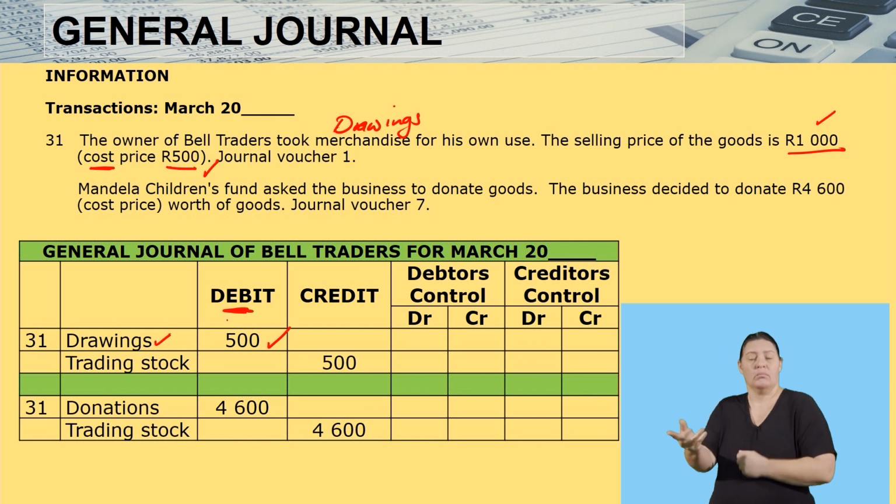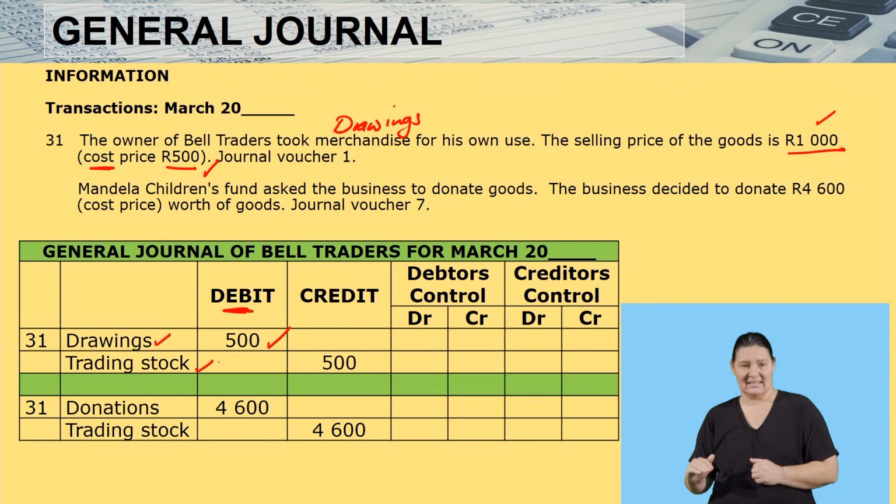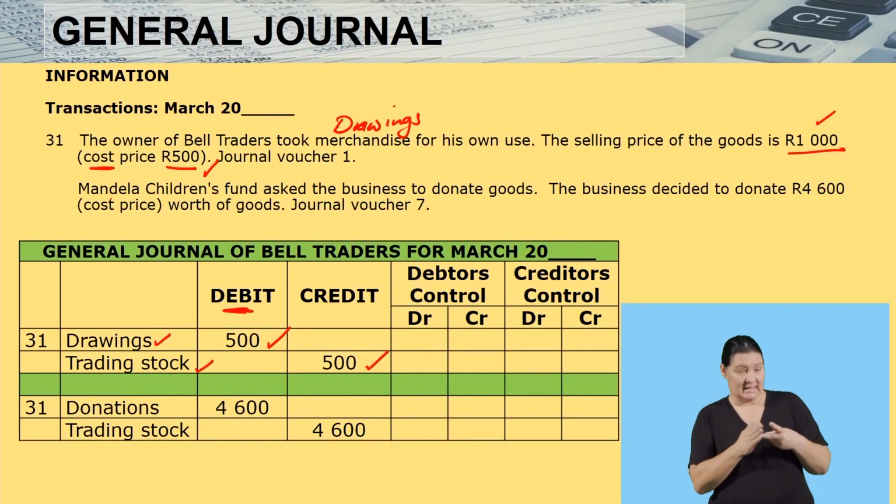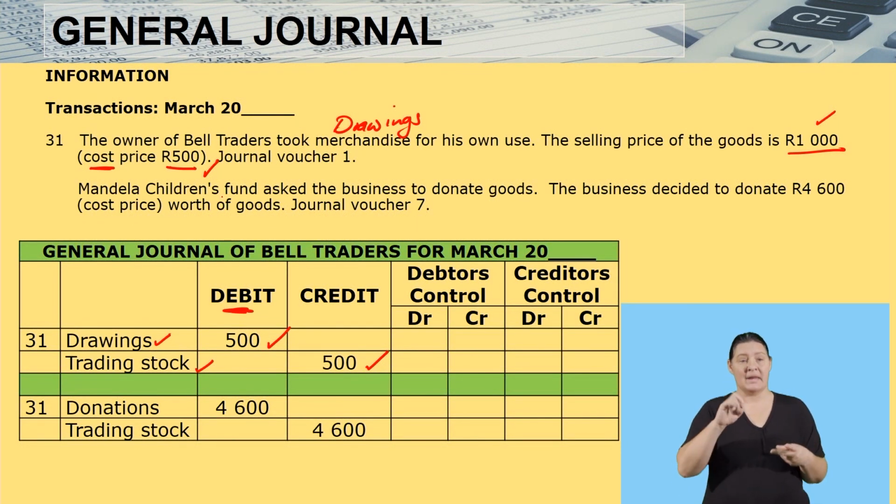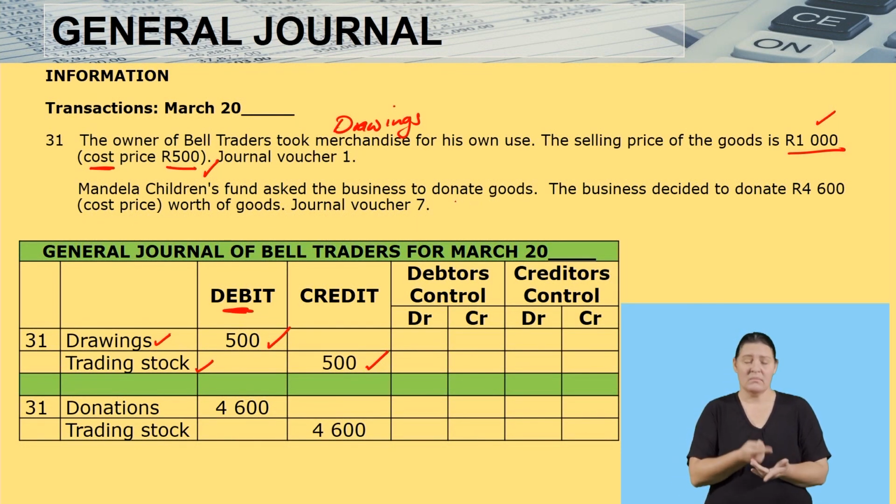So once your trading stock, which is an asset, is decreasing, you will then credit your trading stock. So whenever there's drawings, remember, you debit your drawings and you will credit your trading stock, which is decreasing in this case.